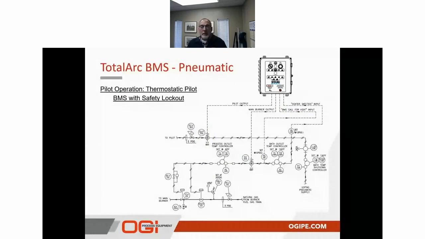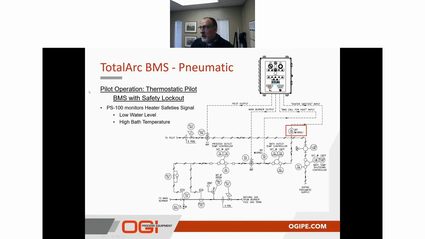In the case of a pneumatic BMS with lockout, this is a little bit more complex, but very doable control system. This actually will take and monitor the safeties directly by taking PS 100, which is monitoring the bath temperature and the bath level, and putting that into a heater safeties input.